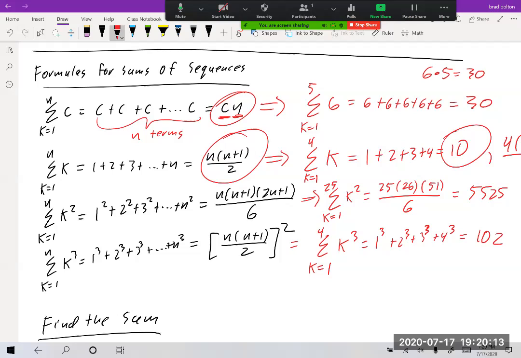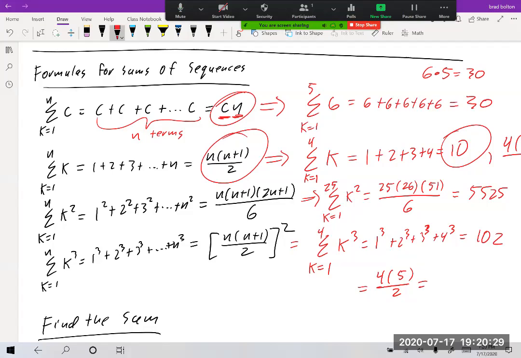Or we could have used the formula. The formula says 4 times 5 over 2. Let me see here. We stopped at 4. 4 plus 1 is 5, divided by 2, squared.